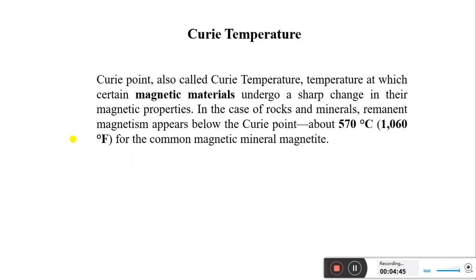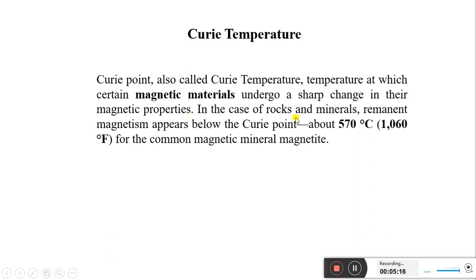Now we'll define what is the Curie temperature. There was a scientist known as Curie, and he developed some law, so that has been named the Curie temperature. According to this, the Curie point, also called the Curie temperature, is the temperature at which certain magnetic materials undergo a sharp change in their magnetic properties.